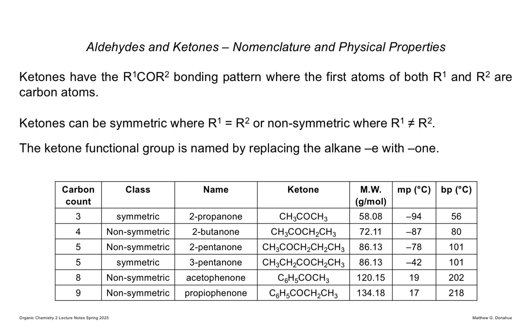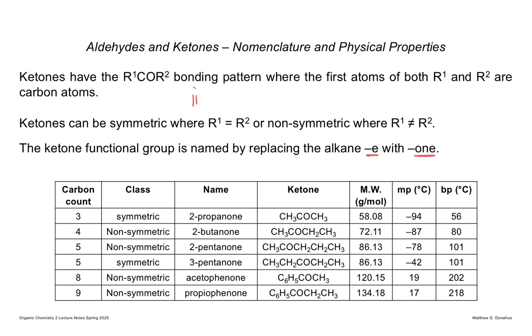So ketones are pretty much the same in terms of the physical properties. The nomenclature is different in the sense that you're dropping the E and now you're adding ONE to the end. You can have two types of ketones. They can be symmetric or non-symmetric.